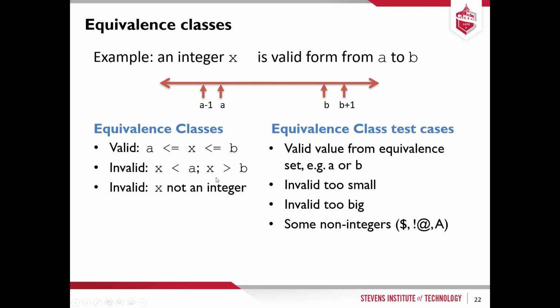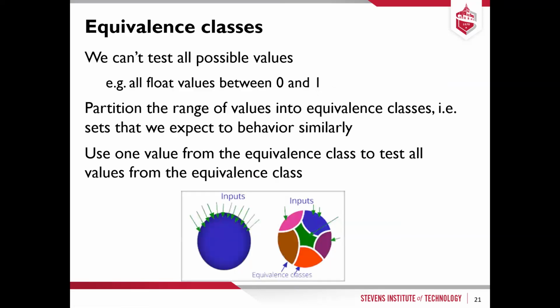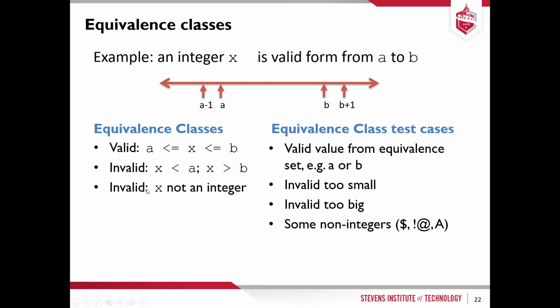Examples for the equivalent classes with the boundary conditions can be, if we are looking at the integers, for example, I know that I need to test a little bit less than A and a little bit more than B, right? So I can check the valid. If the X is between A and B, invalid is a little bit less than A or a little bit more than B. The equivalent class would be a valid value from anything.